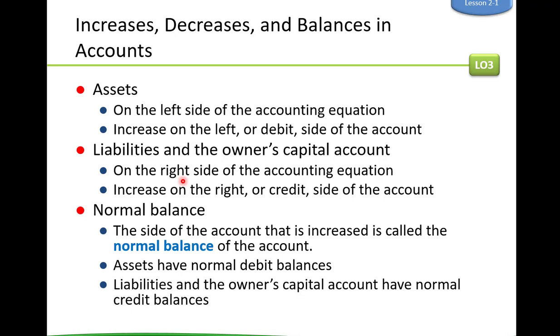On liabilities, the right-hand side of the equation is the increase side. And so the normal balance is on the increase side. That is the side that we should have. So unless you have overdrafted the account, you should have your increase side that way.